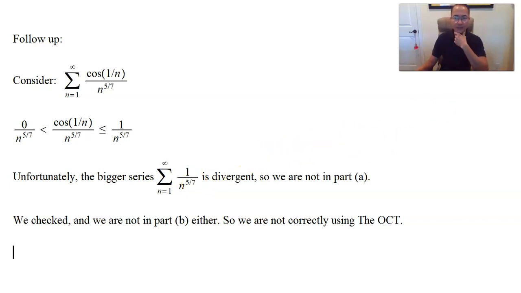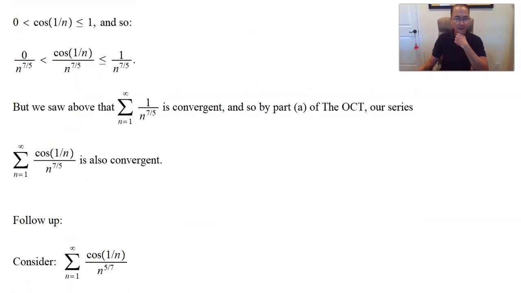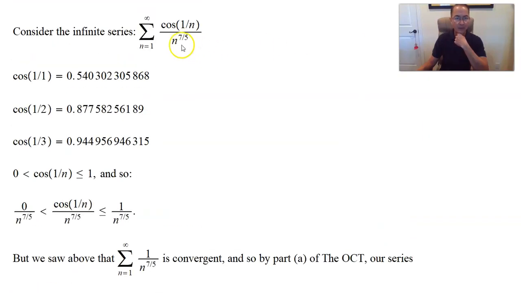So let's look at our data. We said that cosine 1 is 0.54, cosine 1/2 is 0.877, cosine 1/3 is 0.944. And of course, as n increases, 1 over n decreases, and so cosine 1 over n increases, because cosine is a monotonic decreasing function between 0 and pi over 2.